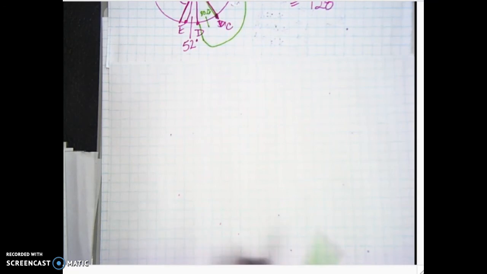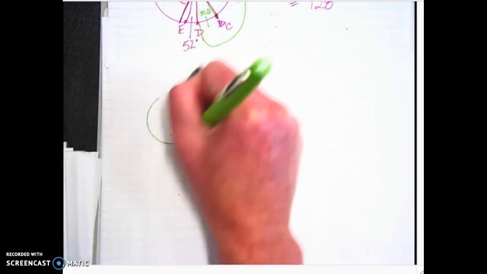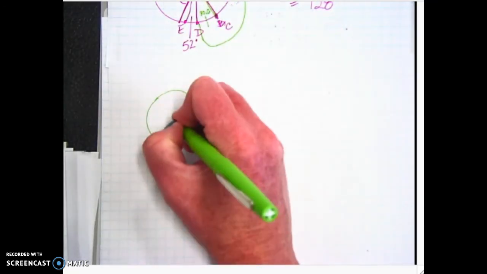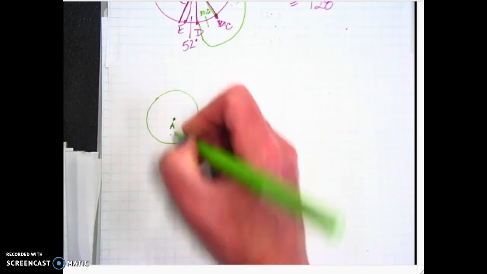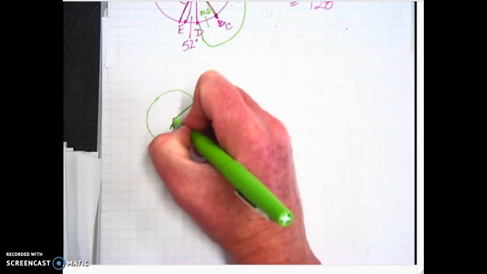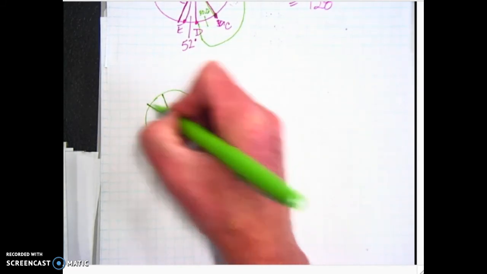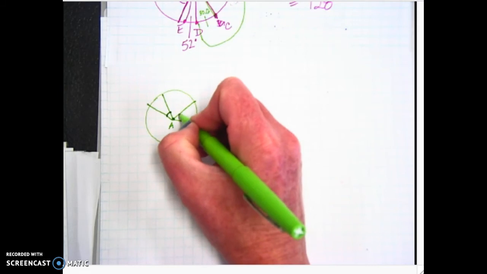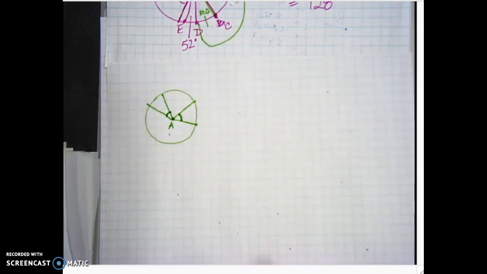Okay? The first one is a circle. We're going to call it circle A. And we're going to draw in two congruent angles. How do we know they're congruent? Well, we're going to put this little congruent arc mark. Okay?